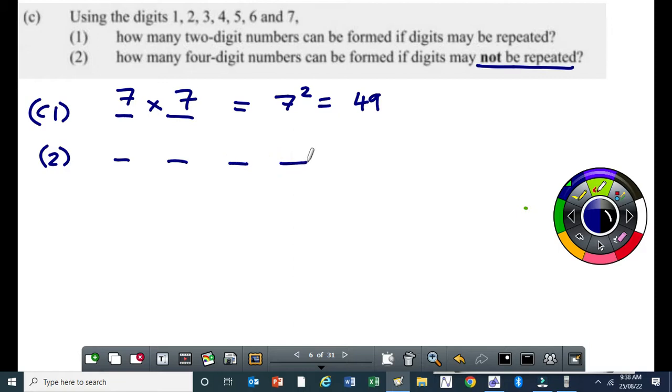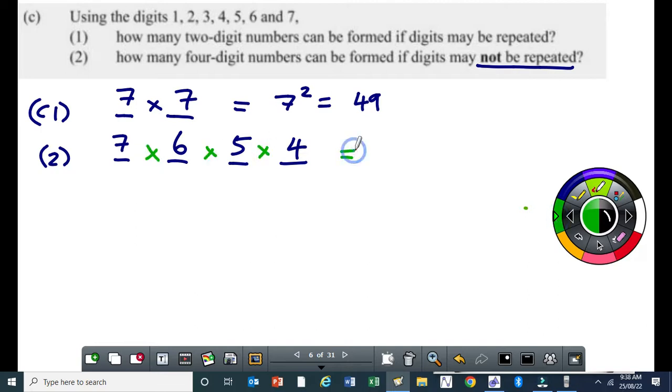How many can take the first position? 7. If no repetition is allowed, how many are left? 6 for the second position. Then the third will be 5, and then 4. Then we use the fundamental counting principle, so that will be times.